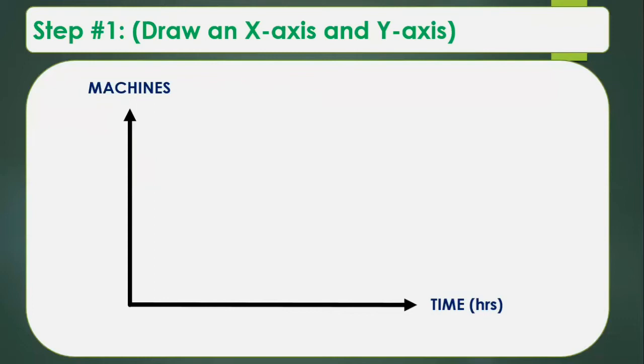Now, after this step, the next step that we need to do is to mark the times on the bars to show processing of each job on that machine. Okay, this will now be our step number 2.